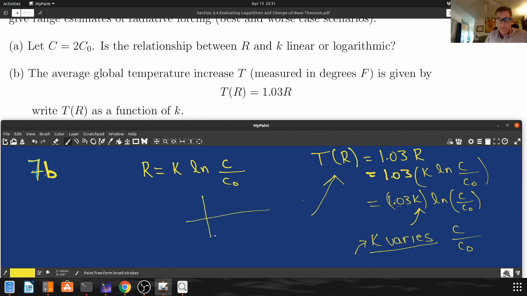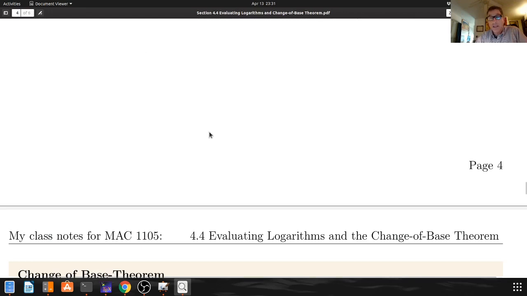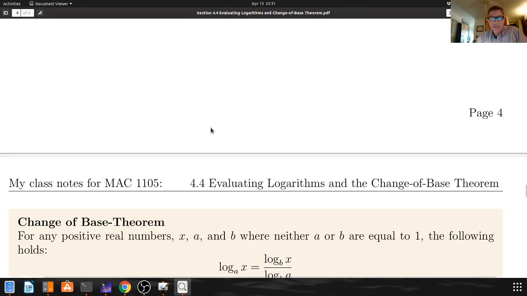I mean, not exponential, but logarithmic. Quickly, something like that. That would be the function T of R, and the input value would be K. Okay, good enough. Really not that difficult, these problems. Just, again, slowly exploring concepts.